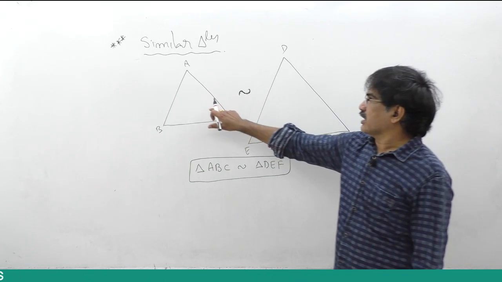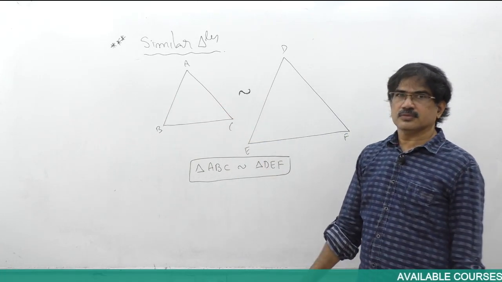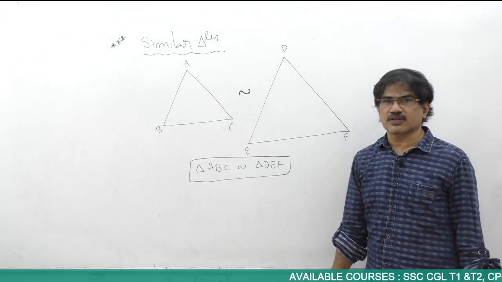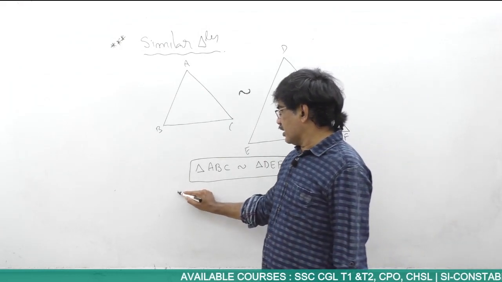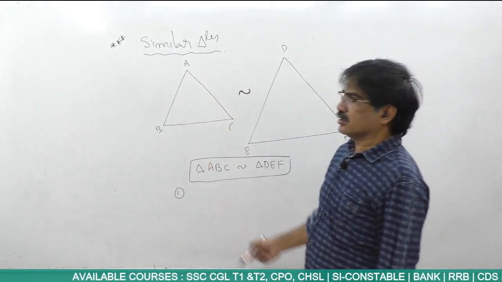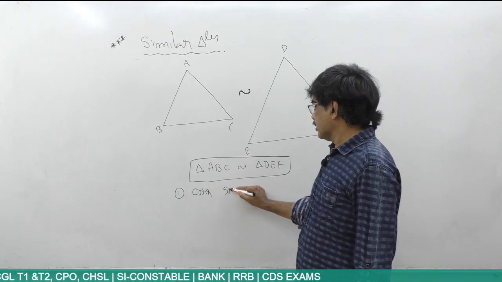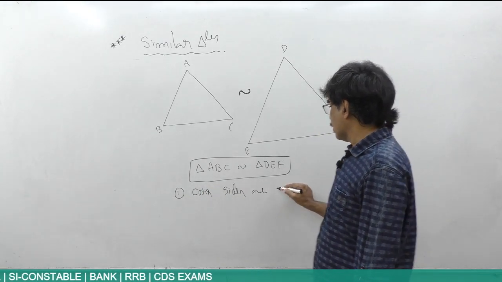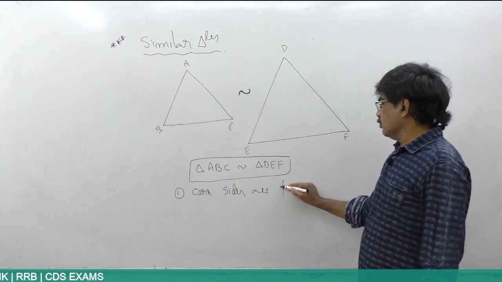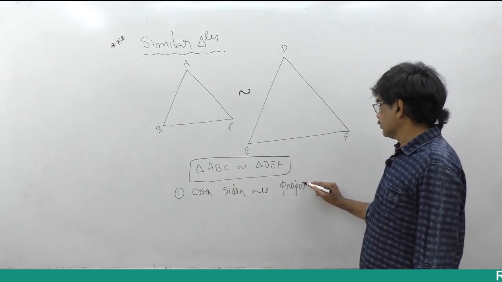If these two triangles are similar, what are the basic properties of similar triangles? If triangles are similar, then number one, corresponding sides are proportional.